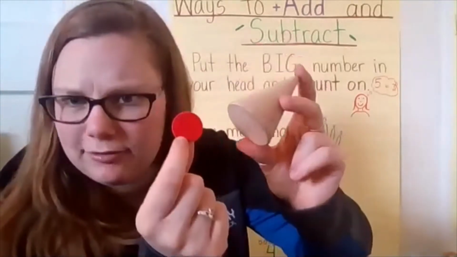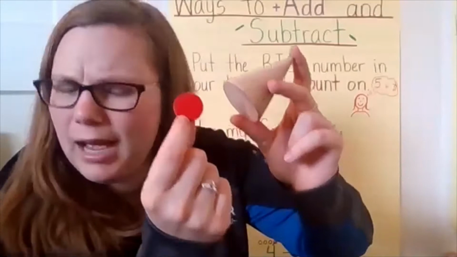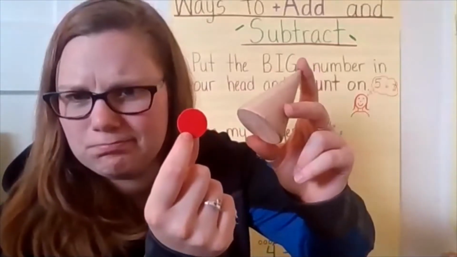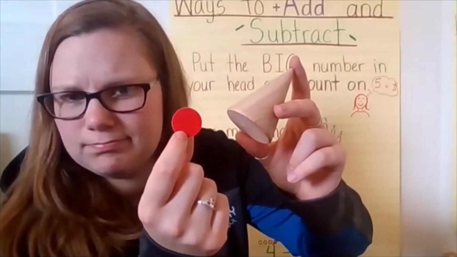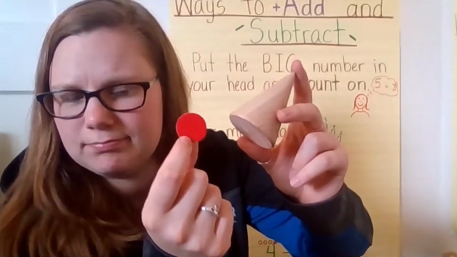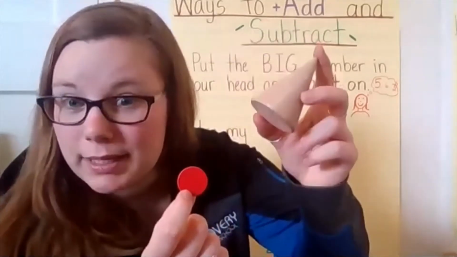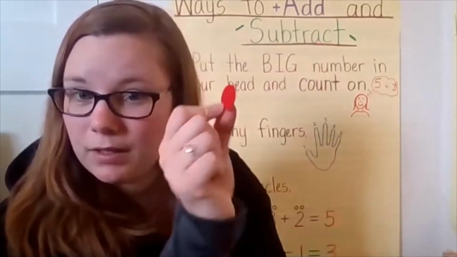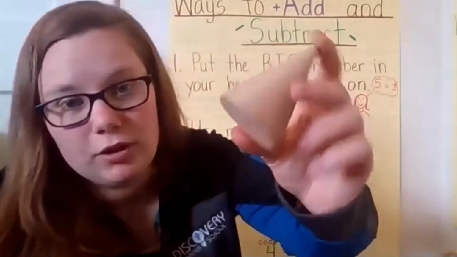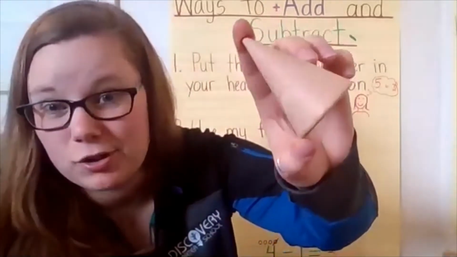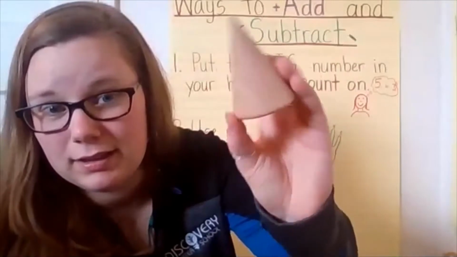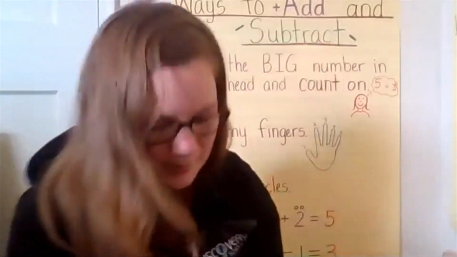However, they're different. How? How can we contrast these two? The cone is 3D. And the circle's 2D. The circle is flat, while the cone is solid. We can actually hold this. It pops, kind of. Let's keep going.